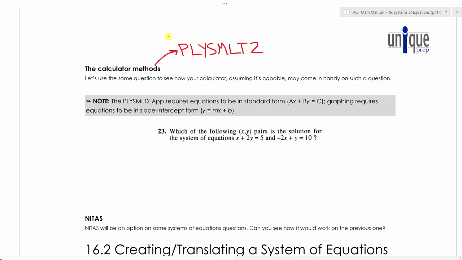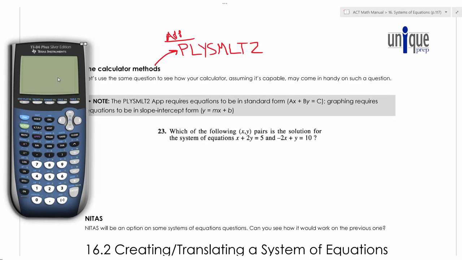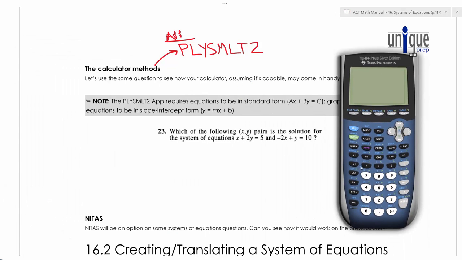So we could use this app, which is in the app menu, or we could use our graphing screen. So let's take a look at both of these, and you're going to have to follow along in your calculator. For those of you who don't know that your calculator has this, you're going to be blown away in a second. Prepared to be blown away.